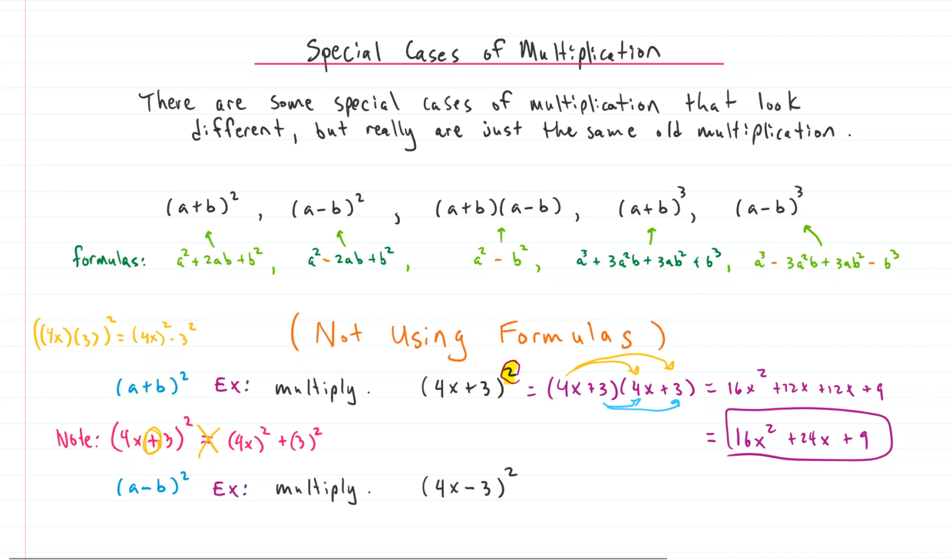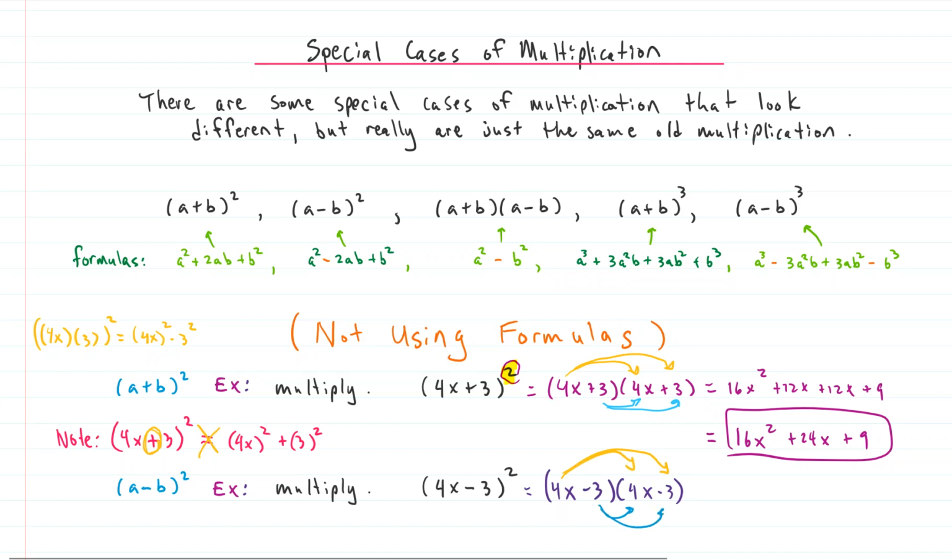So let's look at the second special case. The second special case has a negative. It's the same thing, but there's a negative. So we have 4x minus 3 quantity squared. If we just do the same thing we did above, we have the 4x coming through to each of the terms in the second binomial, and the same thing with the negative 3.